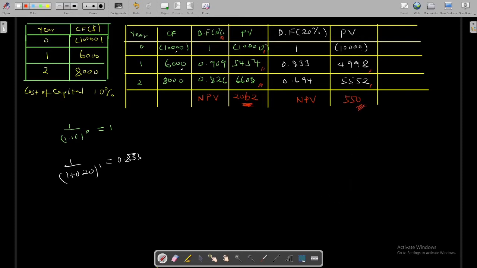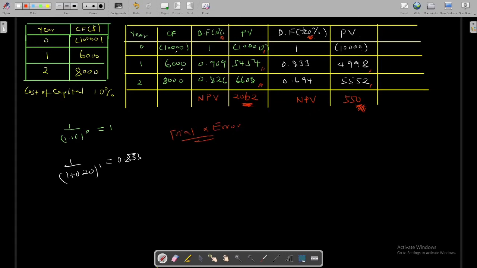And so we have to still increase this rate to a rate that will give us negative here. Therefore, we have to look at a different rate. So when you are calculating the internal rate of return, it is called the trial and error method.